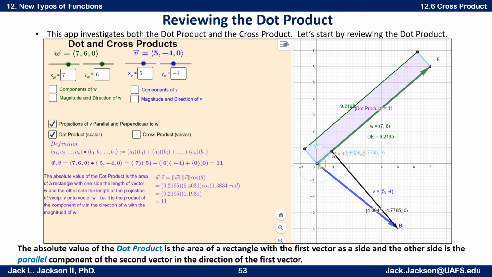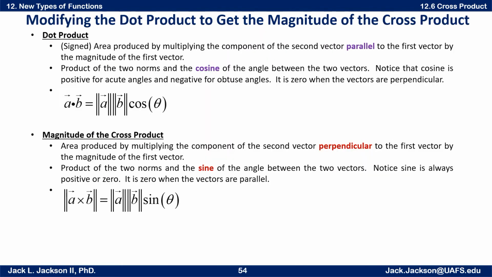But of course, the dot product is commutative. As far as the magnitude of the cross product is concerned, that part is commutative, just the magnitude, not the cross product altogether. It doesn't matter which vector you're projecting onto which one. Again, you would get maybe two different rectangles there, but they would be with the same area.